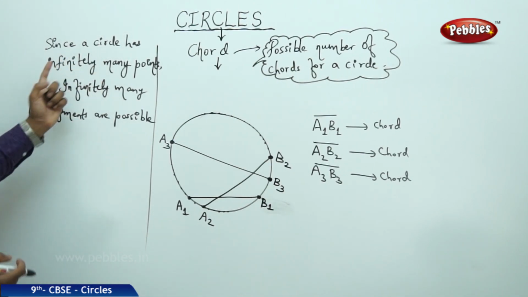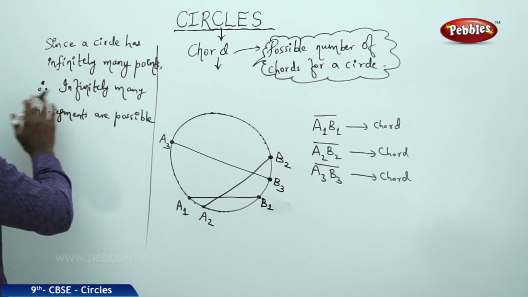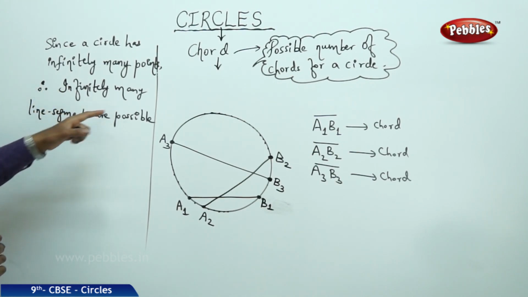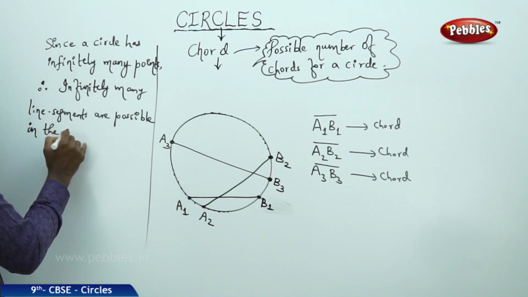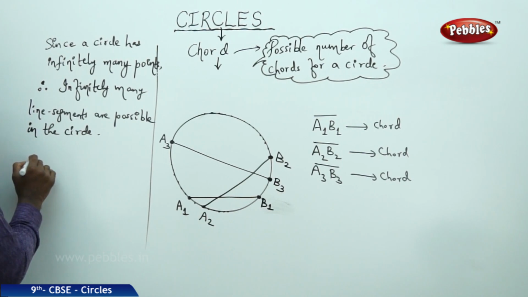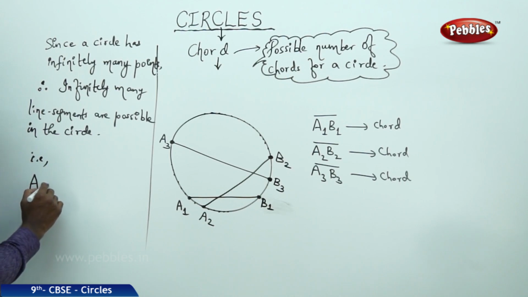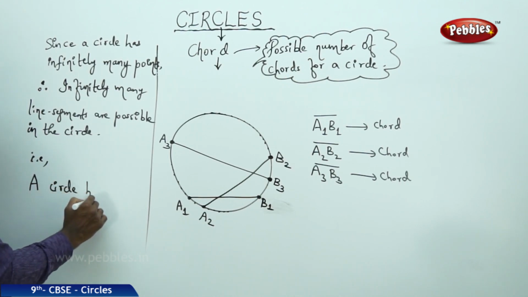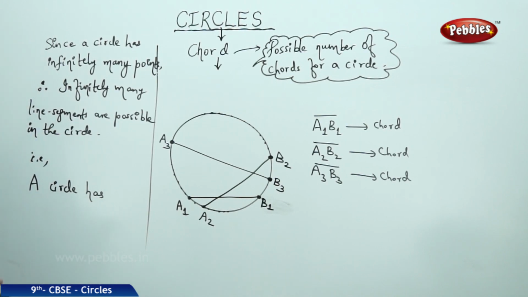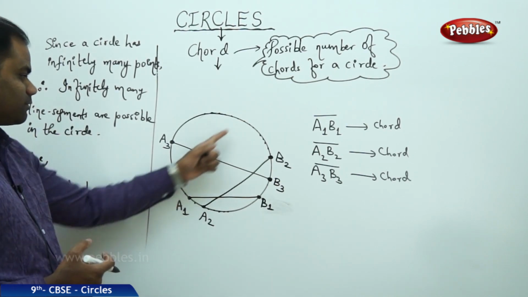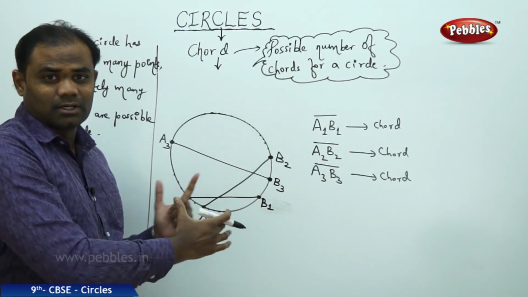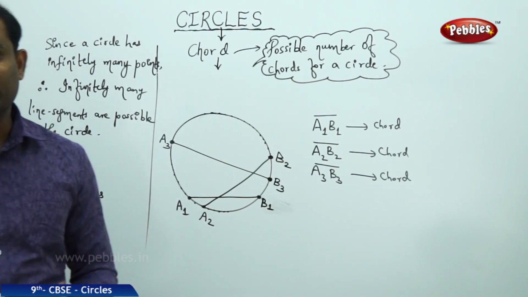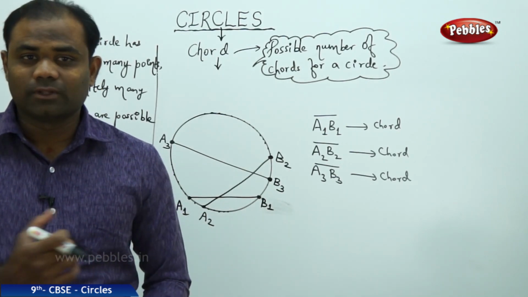Therefore, a circle has infinitely many chords. So we conclude that since infinitely many line segments are possible through infinitely many pairs of points on the circle, all those lines, by the definition of chord, form the chords for the circle.